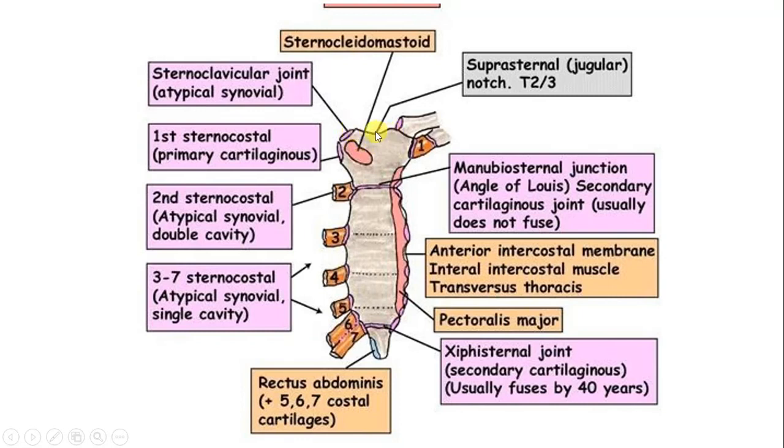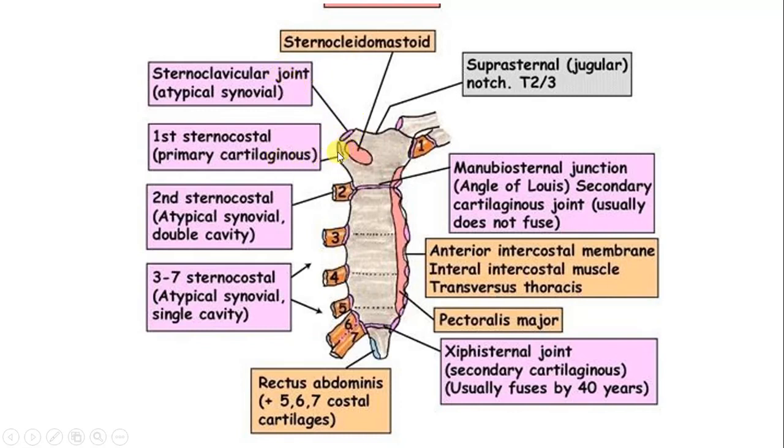Laterally, there are faces for the articulation of the clavicle, the sternoclavicular joint, an atypical synovial joint. It's not a typical one. There are certain other features present along with the features of a synovial joint, having a body within the body which divides the joint into two parts.